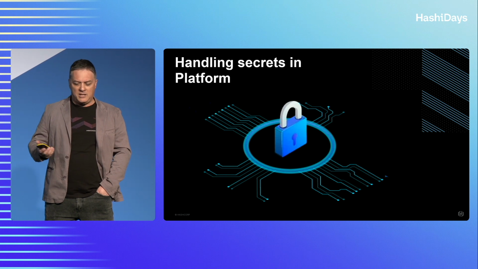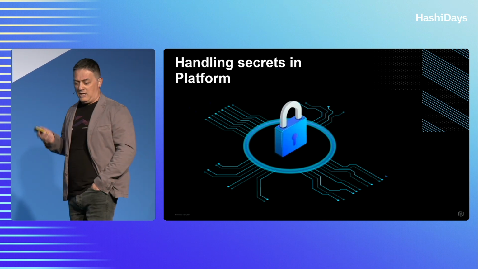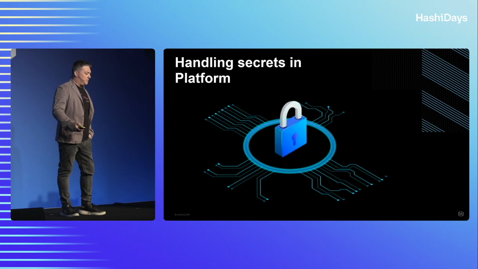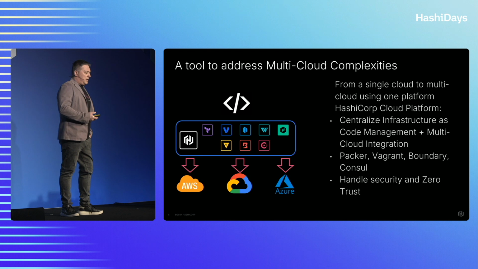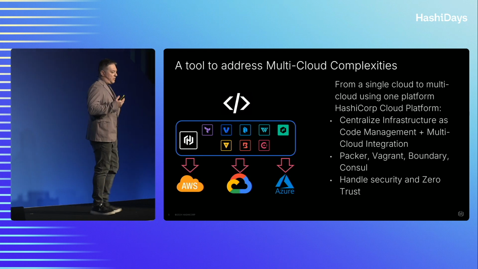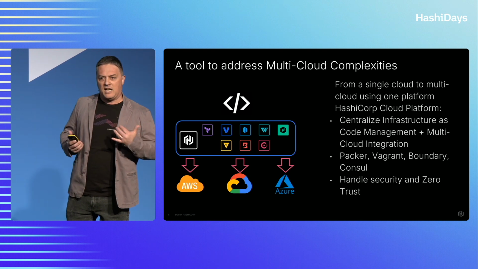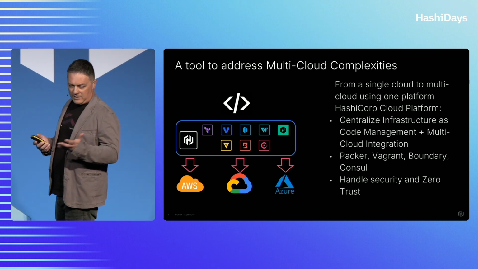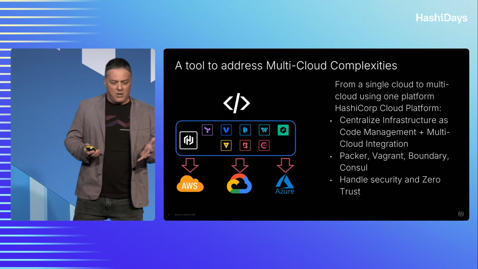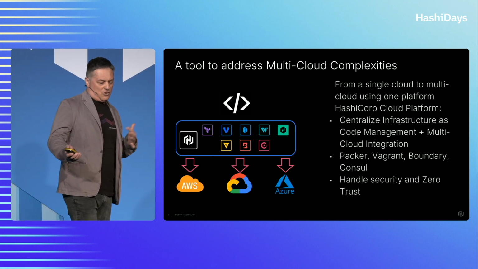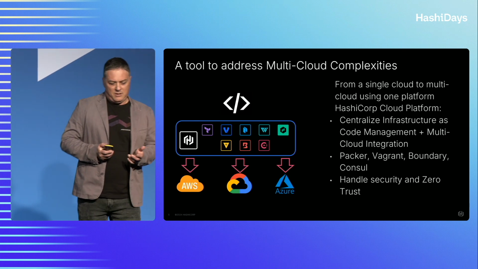All right. As a platform engineer, I'm working every day with security. And because I'm working in a digital trust company, security is in our DNA. Platform security is so important. So we use this kind of tool, like HashiCorp Cloud Platform, to address multi-cloud complexities. We know how to centralize code management and do some multi-cloud integration.